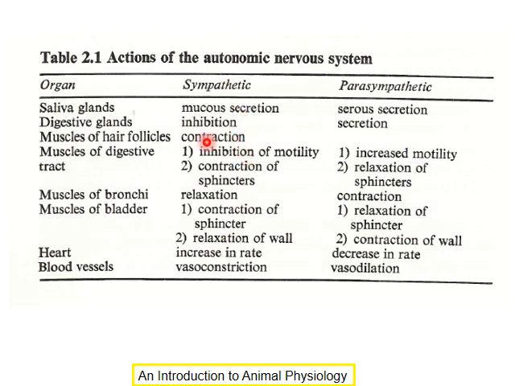Sympathetic, you're going to get the hair follicles contracting, standing up on end. You're not going to stimulate anything with the parasympathetic state. Digestion is going to be inhibited. You're going to have contraction of sphincters. Things are not going to move through as well, and digestion is going to be off. In the relaxed state, we have increased motility and increased relaxation of the sphincters, so stuff is flowing through the body.